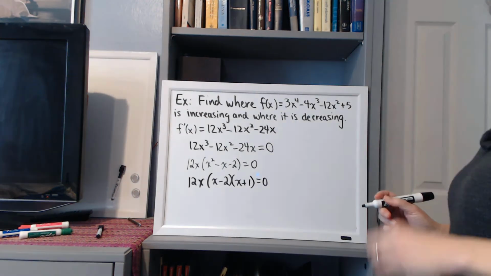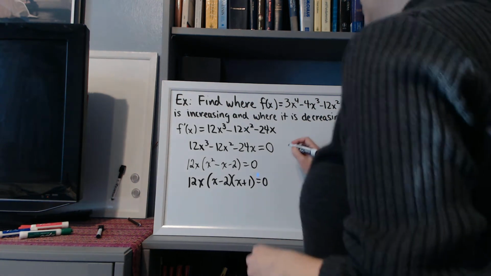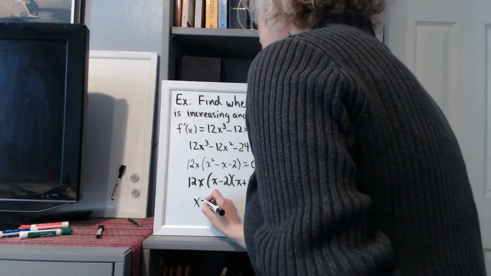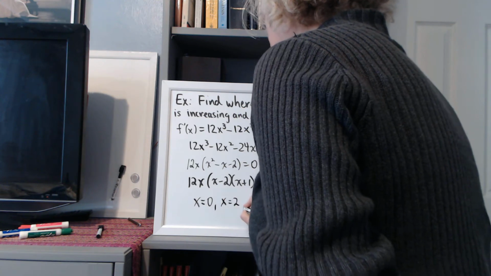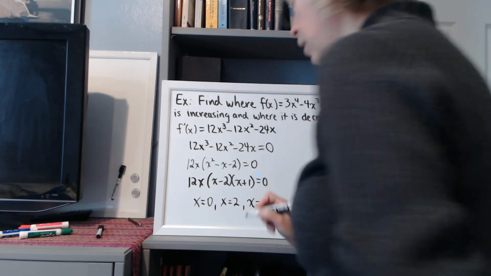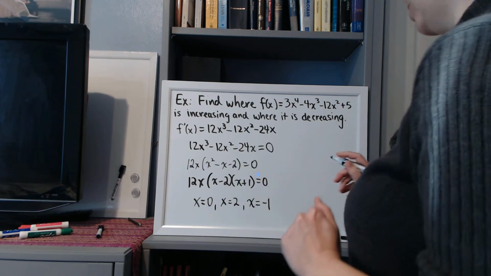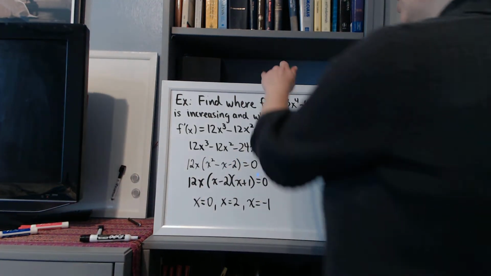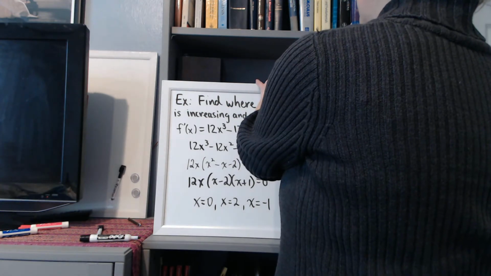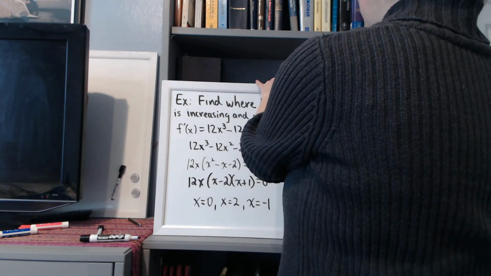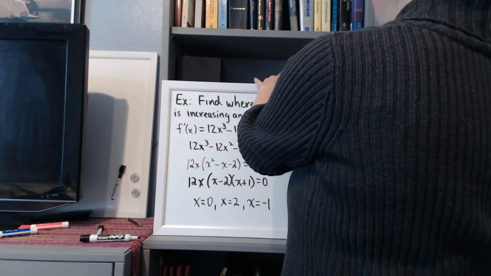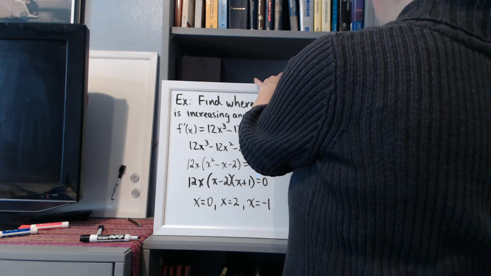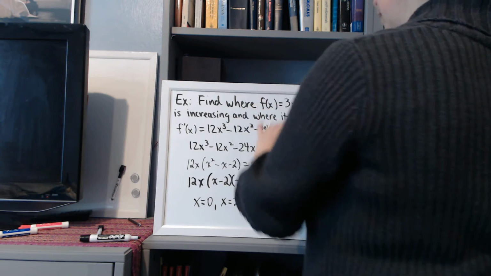So this means that our critical numbers are going to be x equals 0, x equals 2, and x equals negative 1. Now I don't have space to write all of this on one little board here, so I'm going to save that our critical values are x equals negative 1, x equals 0, and x equals 2.